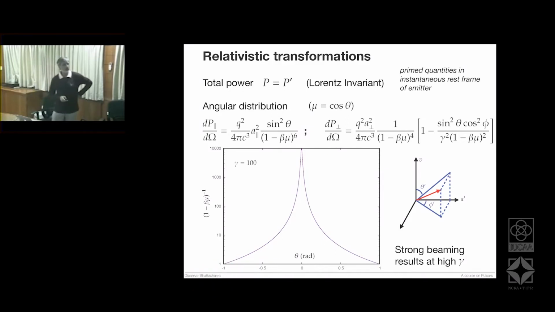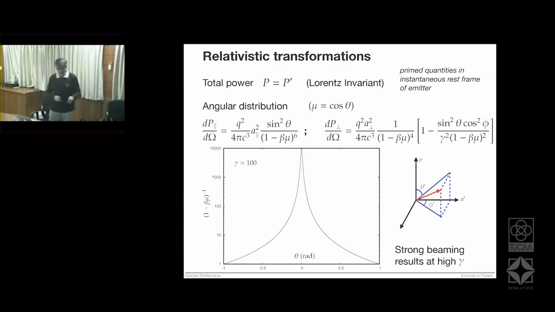So some of the key results are, if you take the total power emitted, I can compute this total power emitted in the instantaneous rest frame of the particle. And if you now go to another frame where you compute the total power radiated, integrated over all sub-bands, so basically the isotropic integral of the power emitted, that is the same.